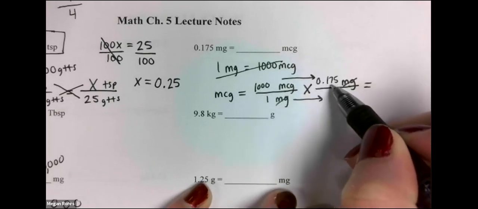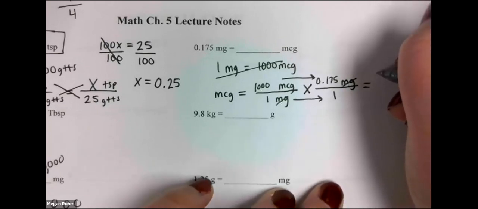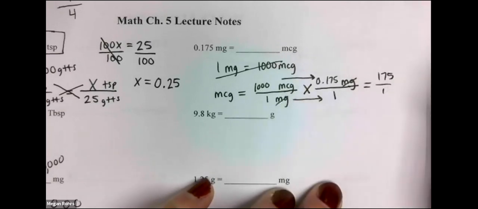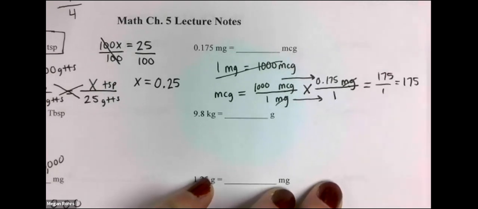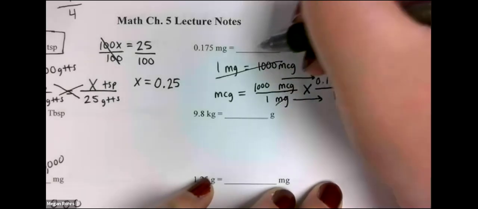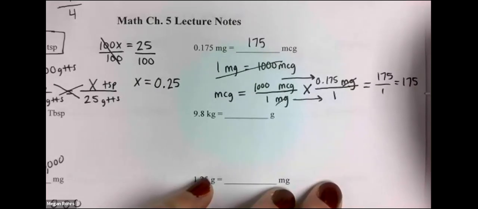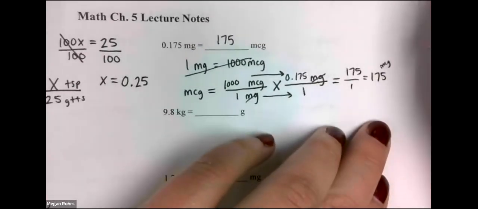So 1,000 times 0.175 gives us 175. And then 1 times 1 is just 1. So remember, any number over 1 is still just that number. So this actually equals 175. Running out of room to put my unit on there, but that is micrograms.